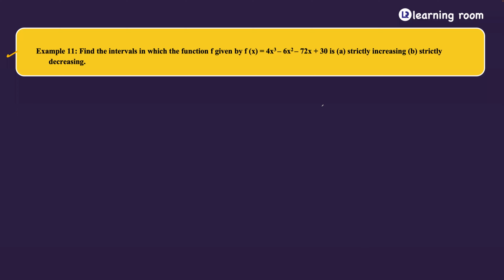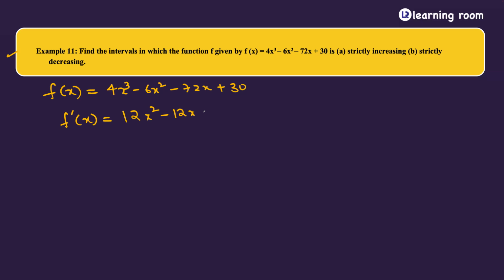Find the intervals in which the function f given by f of x is equal to 4x cube minus 6x square minus 72x plus 30 is strictly increasing. So what is f dash of x? 12x square minus 12x minus 72. So what is common? 12 into x square minus x minus 6.